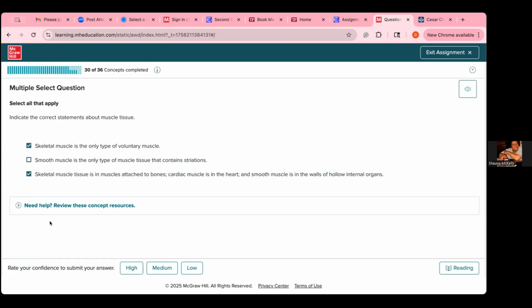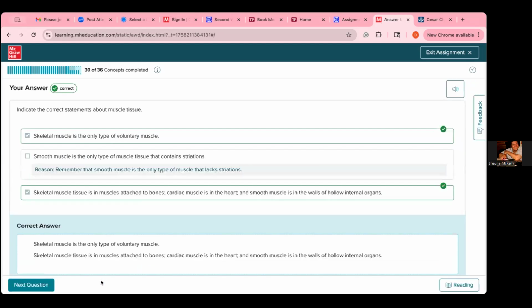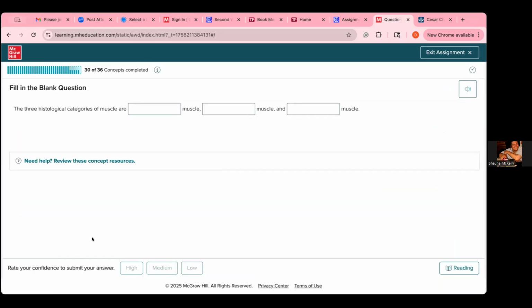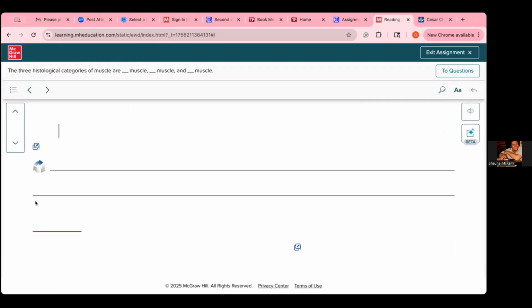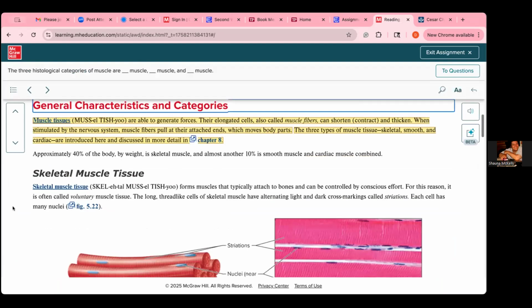So try that. I think there are two that are true. The three histological categories of muscle are, okay, this one you want to look up because we want to get it in the same order as the book does, so the program will recognize it.